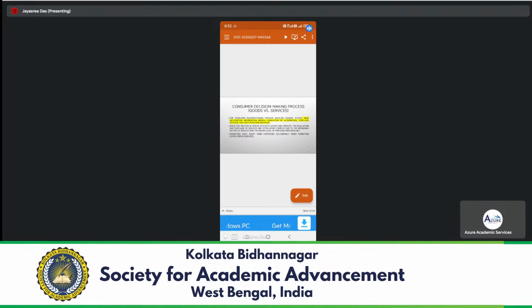For goods, the evaluation is often based on tangible features, as I gave the example of automobile purchase, whereas in case of services, which are intangible, it involves a higher level of perceived risk, like I gave the example of airline ticket purchase. So here, marketers need to adapt their strategies depending on whether they are promoting a product or a service.